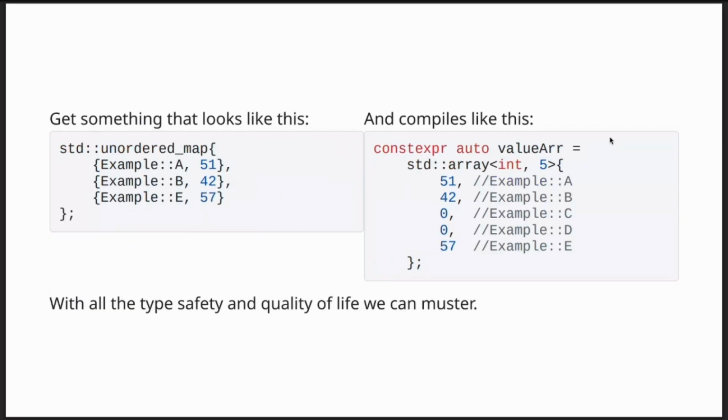So, okay, this is kind of where my head is at this point. I want something that looks like this, that's expressive like this, that's easy to use so that people will use it, and compiles like this, but with more type safety.